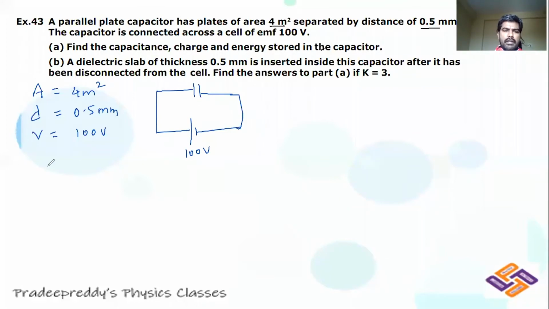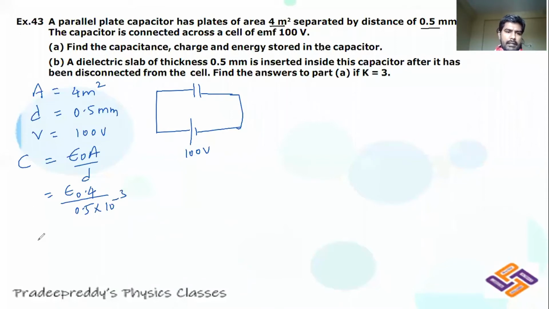So what is effective capacitance for parallel plate capacitor? C will be equal to epsilon naught A divided by D. This is equal to epsilon naught into A value, it is 4 meter square, and D is 0.5 into millimeter, it is 10 power minus 3.